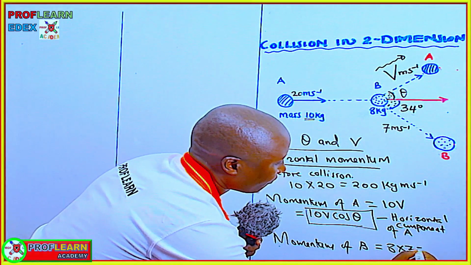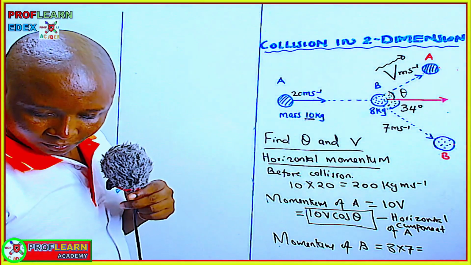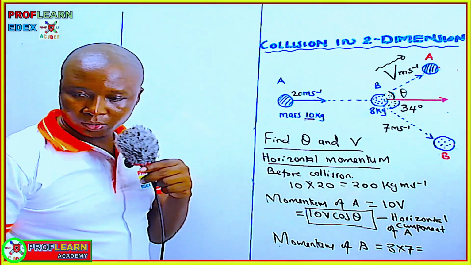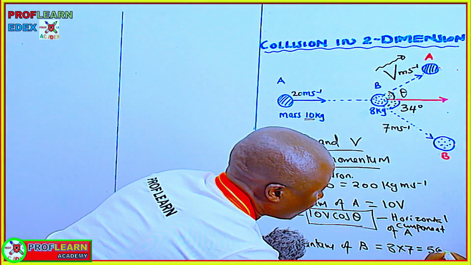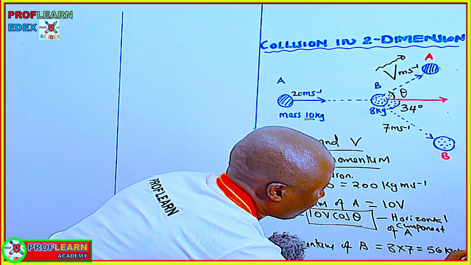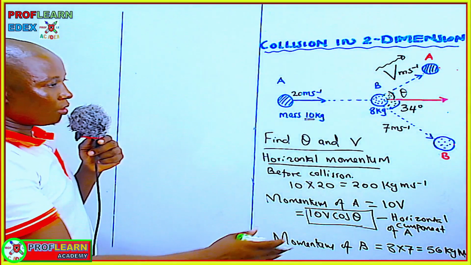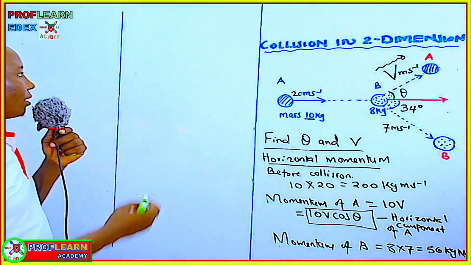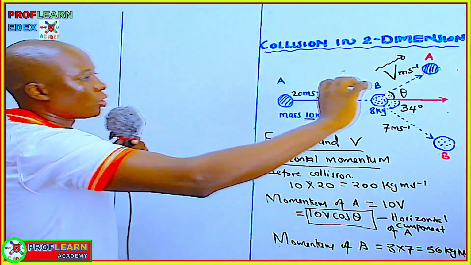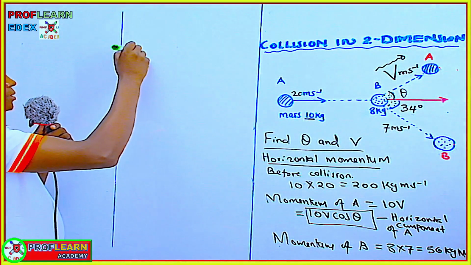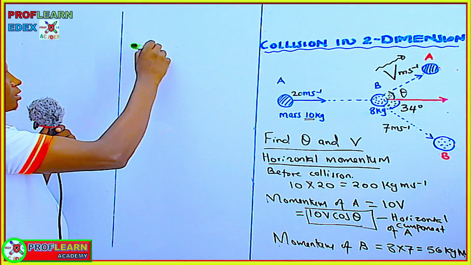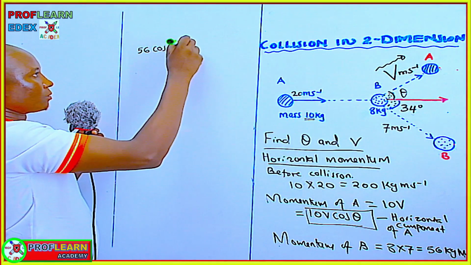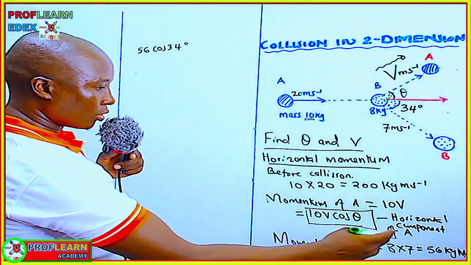That is times 7, and that translates to 56 kilogram meter per second. So the momentum of this object in this direction is 56, but we are now interested with its horizontal component. The horizontal component of B is going to be 56 cos of which angle? Cos of 34 degrees. And that becomes the horizontal component of B.